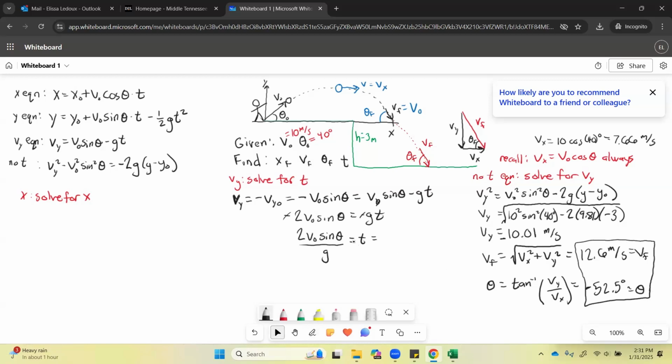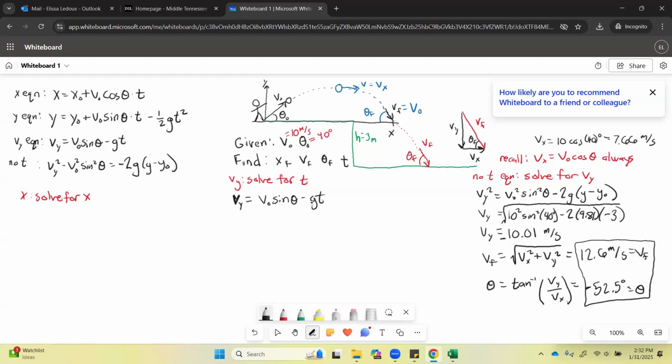Now we'll go right back over here. Okay, so here, Vy, solve for t. We're actually going to have to go back and erase some, because our Vy in this case is no longer Vy initial. So we have Vy equals V initial sine theta minus GT.